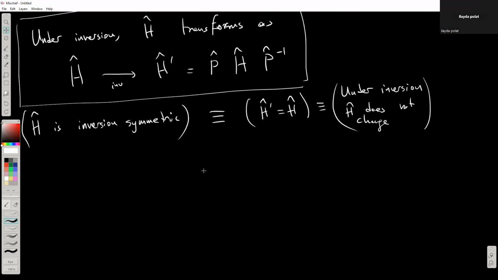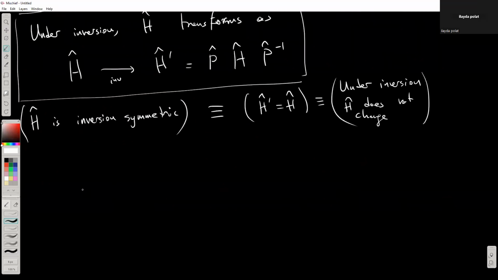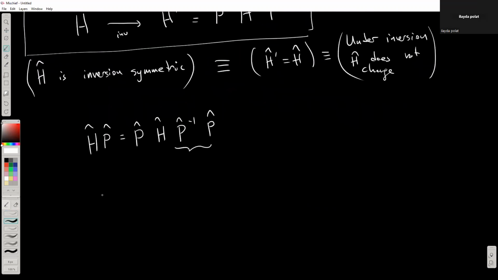There are different ways that you can write this down. H is equal to P H P inverse. That's the relationship. But if I multiply both sides of that equation by P, then we can get rid of the inverse, so it reduces to HP is equal to PH.